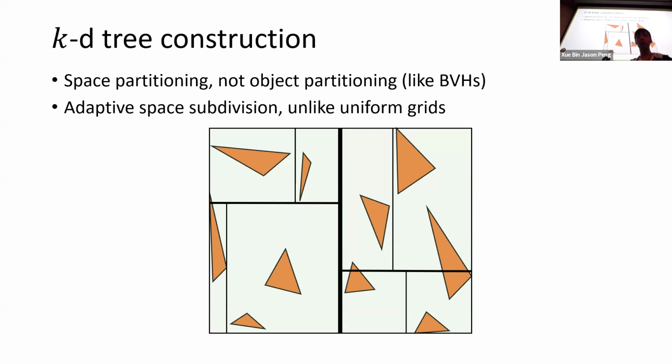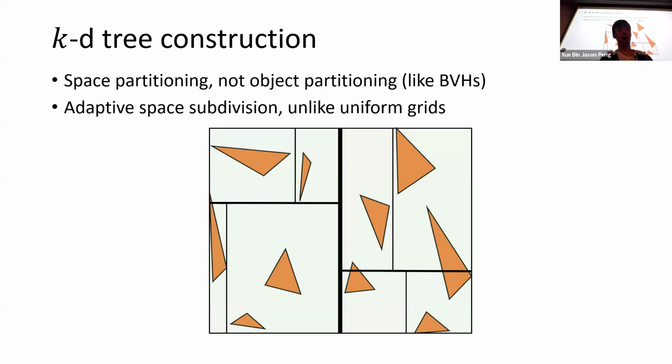Okay, but for the most part, when constructing the KD tree, we just apply this recursive partitioning to split the space up into smaller and smaller cells. So one of the design decisions that we have to make when constructing a KD tree is how do we decide the partitioning plane that we use to split up a cell into 2 halves? And you can use similar heuristics as those that we use for BVH.